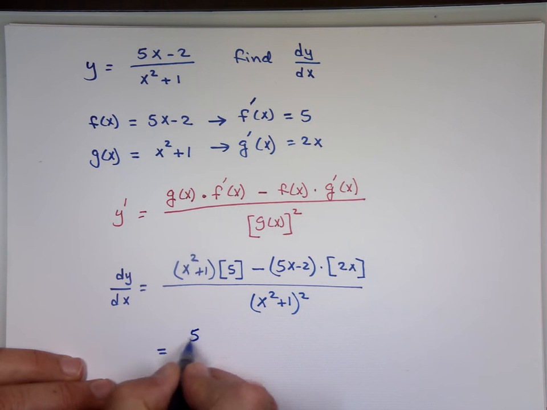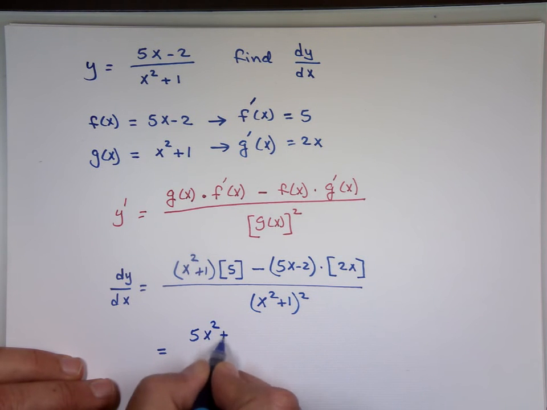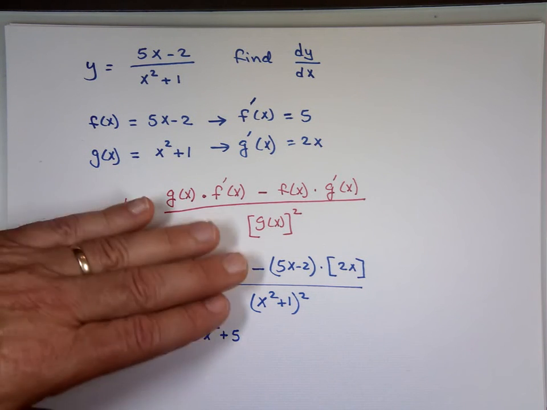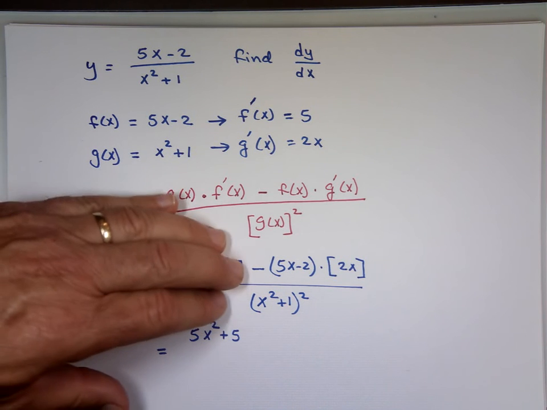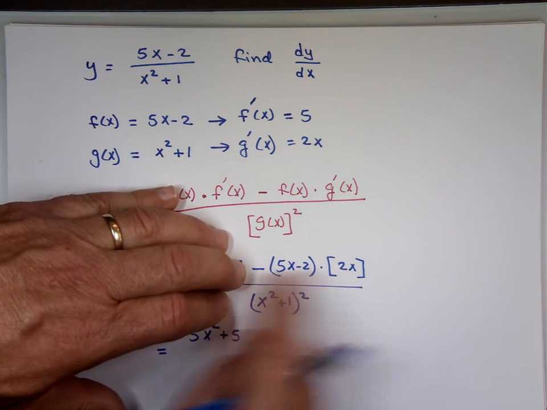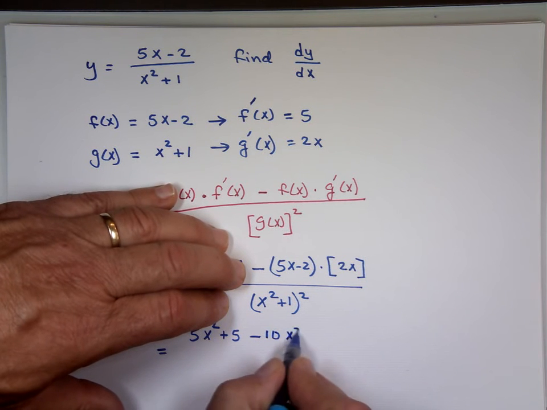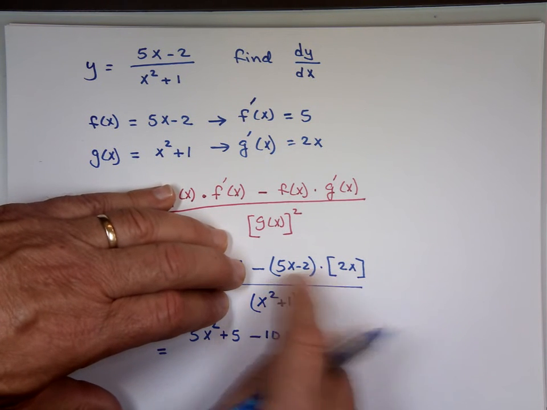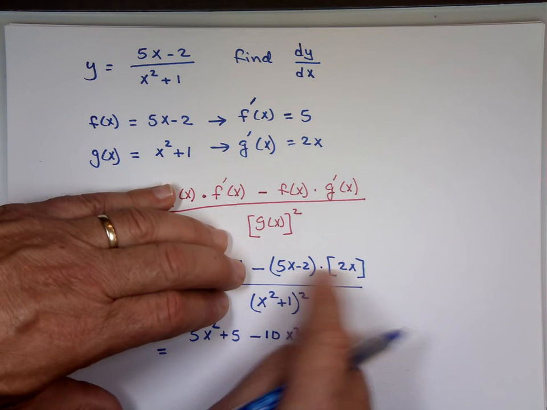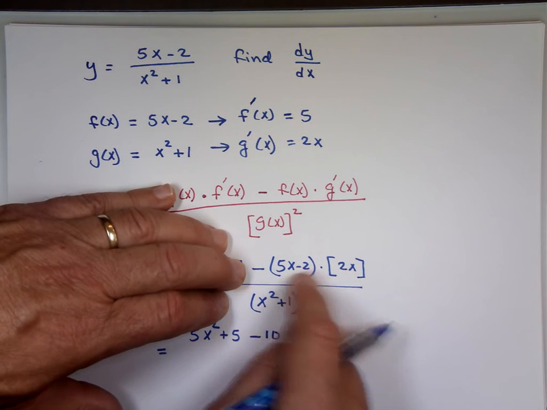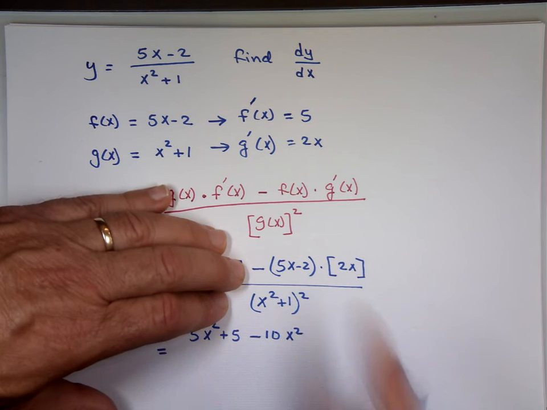5x squared plus 5. That's this part. Now this is a minus here. 2x times 5, that's a negative 10x squared. What's 2x times a negative 2? Is that minus 4x? But there's a minus in the front. That'll make it what?